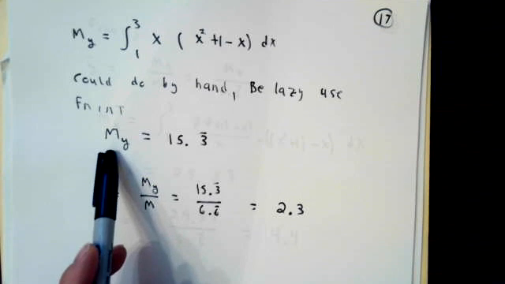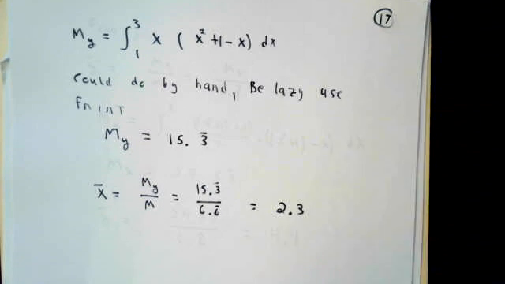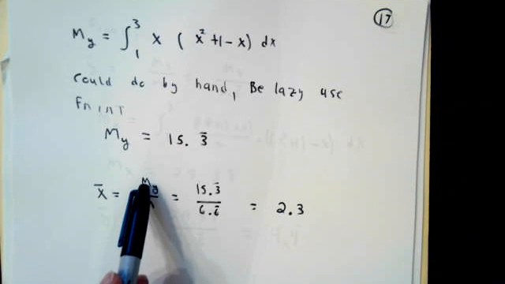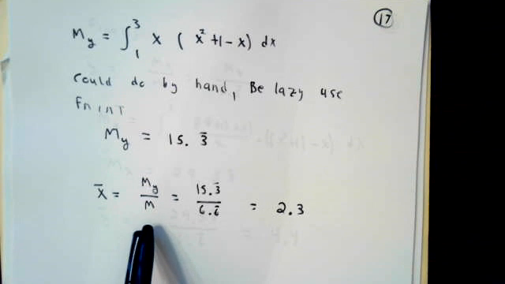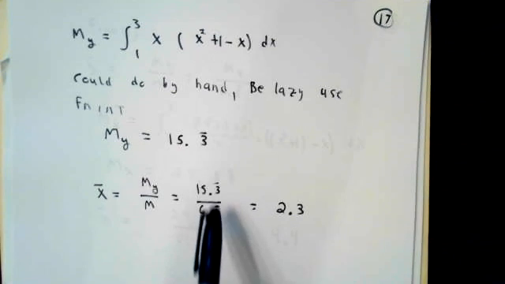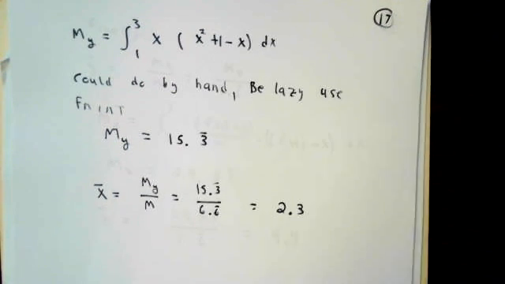The moment about the y-axis is 15 1/3. So this means the x-coordinate of the center of mass is the moment about the y-axis divided by the mass. We know both of those numbers now, and the fraction works out to be 2.3 repeating. This is the x-coordinate of the center of mass.